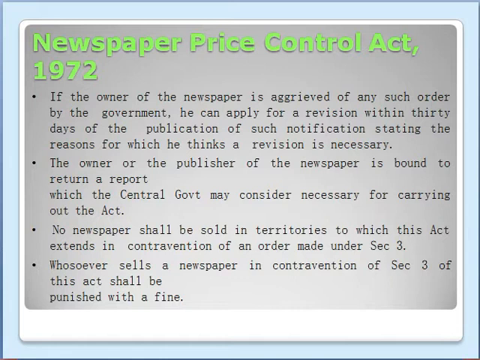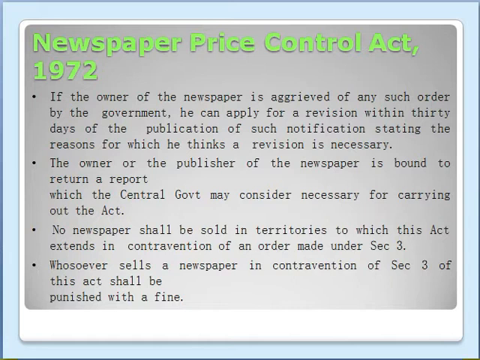It has to be furnished within 30 days. So the owner or the publisher of the newspaper is bound to return a report which the central government may consider necessary for carrying out the act. Now further, no newspaper shall be sold in territories to which this act extends in contravention of an order made under section 3. So a newspaper cannot be circulated to a territory where our Indian guidelines are not being followed as per section 3.